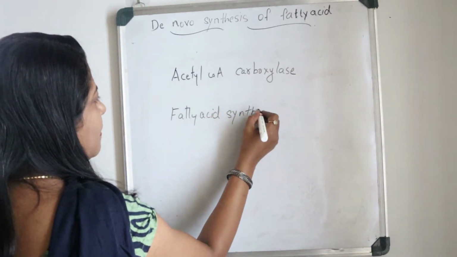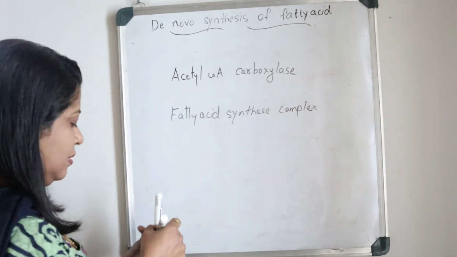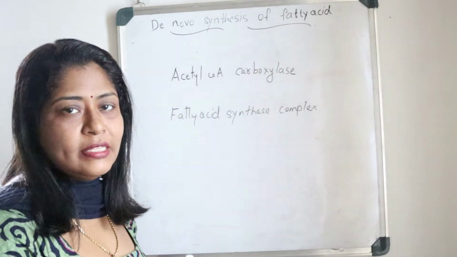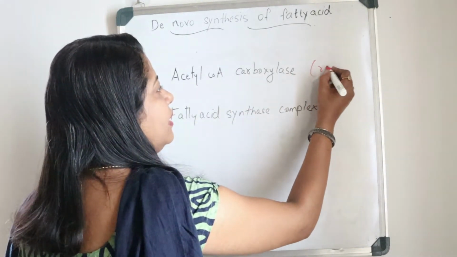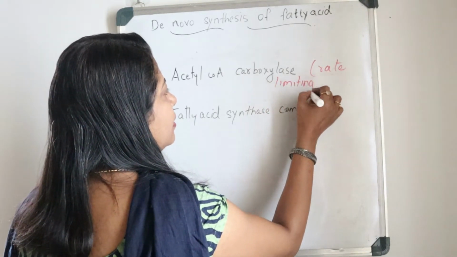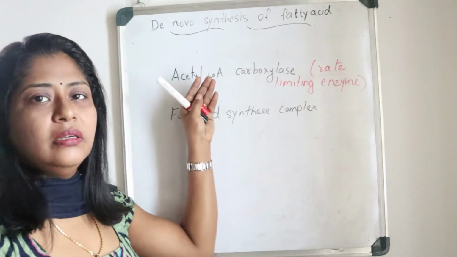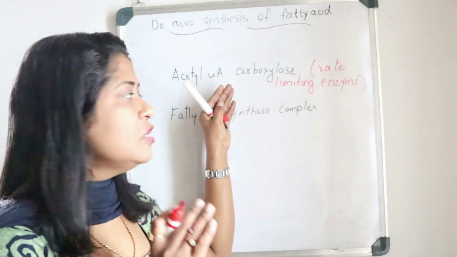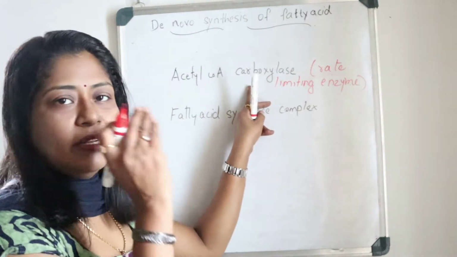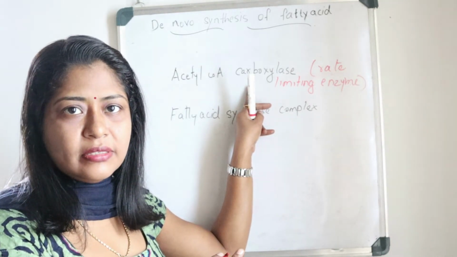This acetyl-CoA carboxylase is not part of a multi-enzyme complex, but it is the rate limiting enzyme in fatty acid biosynthesis. And it catalyzes the first step, that is the carboxylation of acetyl-CoA. So this is very important, that the rate limiting enzyme in fatty acid biosynthesis is acetyl-CoA carboxylase.